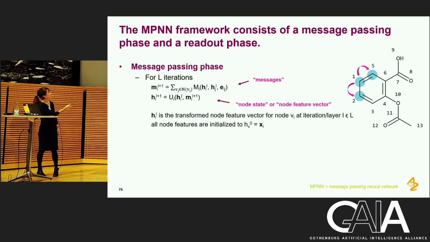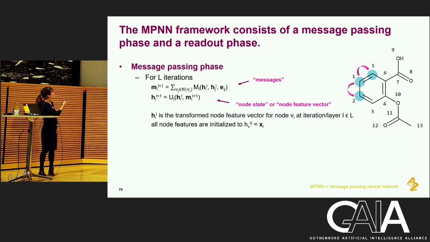Node 5 and node 2 would need to share their node information, which we would then calculate using this message function, which is denoted by the capital M. That message function takes as input your current node state, the node state of your nearest neighbor, and the state of the edge that is connecting your current node to your nearest neighbor.